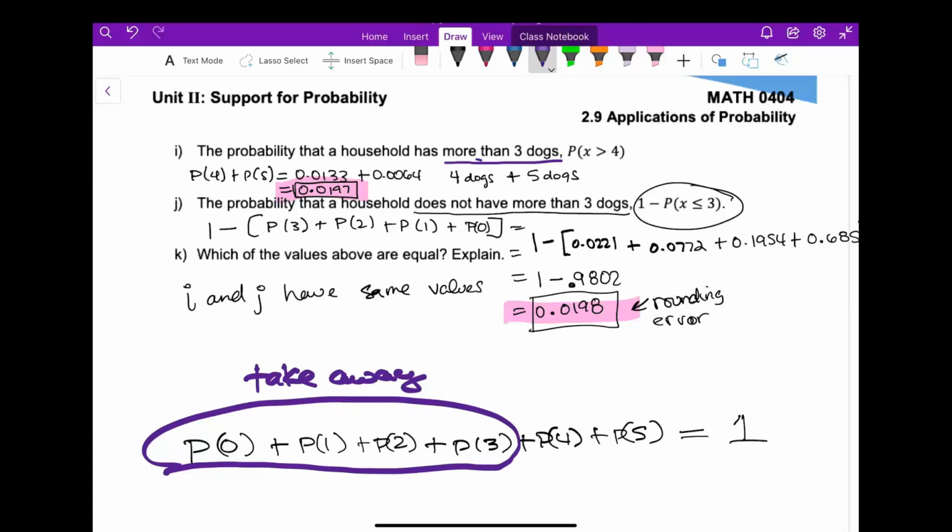So remember, I'm doing 1 minus this takeaway, right? Math works the other way as well. So if I took that away, what's left? This is what's left. And so what I could have done is instead of doing the takeaway, I just see what's left. And if you look at part I, it is what's left. Part J is the other way, taking away. Therefore, they're the same thing.